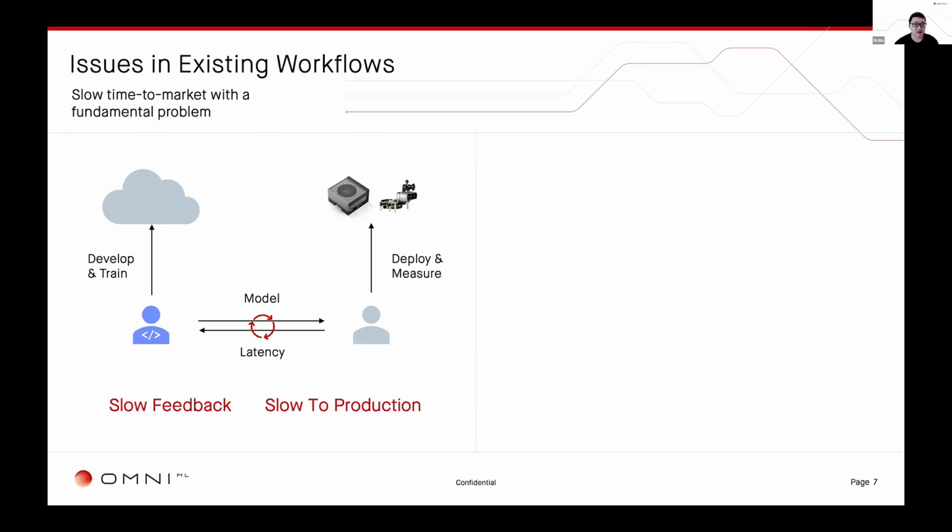Either operators are not supported, quantization has been very difficult so the accuracy drop is not tolerable, or the model is just too big for the memory, or the compute time is too long, and so on and so forth. Then the deployment engineer has to come back to the ML engineer and say, we have these errors, we have these issues, so you need to fix it. Then the ML engineer needs to retrain the model, and so on.